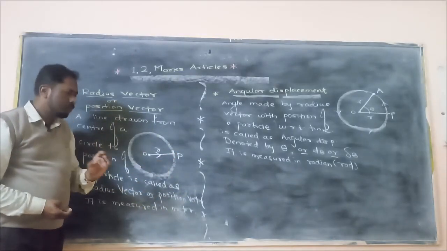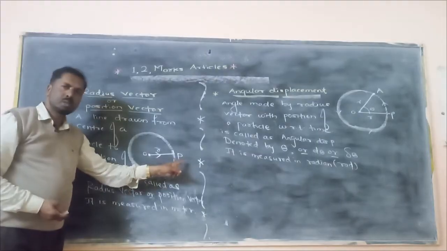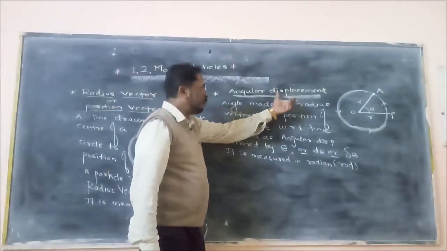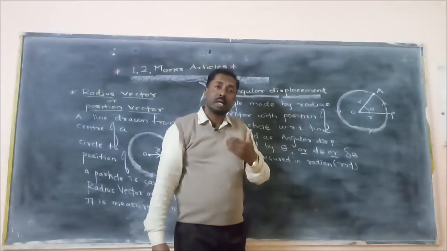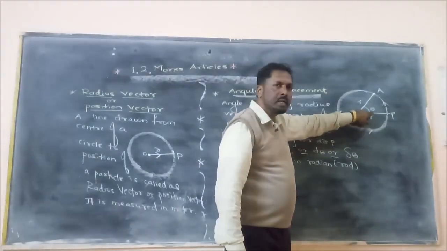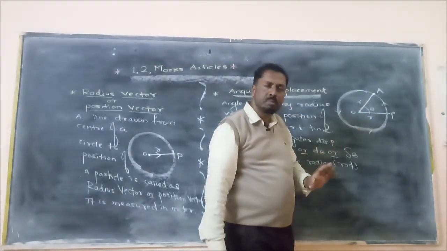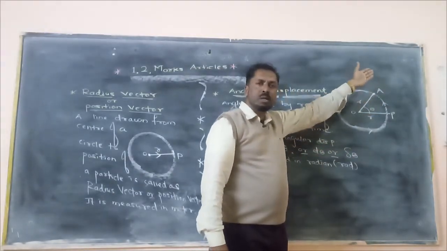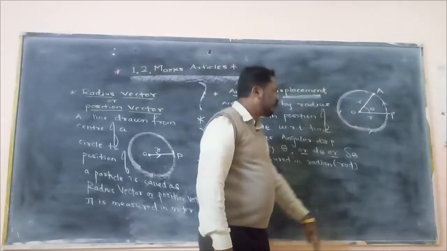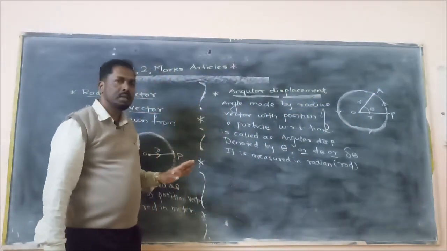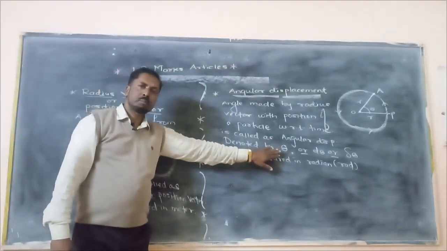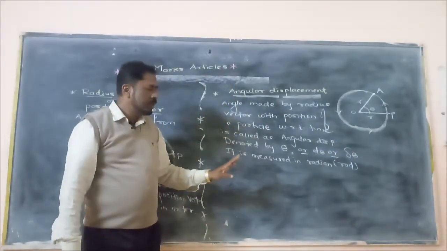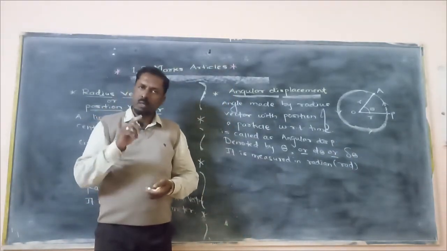A line drawn from the center of a circle to the position of a particle is called the radius vector or position vector. What do we understand by angular displacement? The angle made by the radius vector with respect to the position of a particle or with respect to time is called angular displacement, generally represented by theta, sometimes d theta or delta theta, and it is measured in radian. Okay, watch this first.